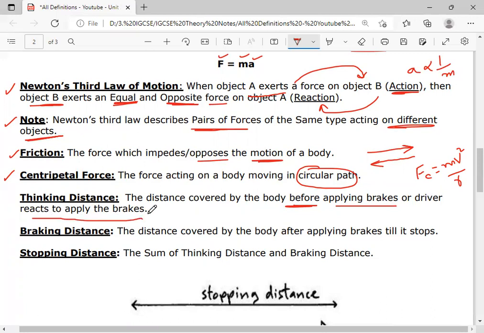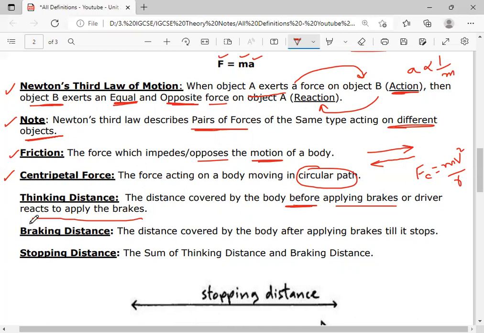The car is in motion and covering distance. When we see a hazard, we have to decide whether to apply the brakes or not. During that decision making, the car is still covering distance, and that distance is called thinking distance.